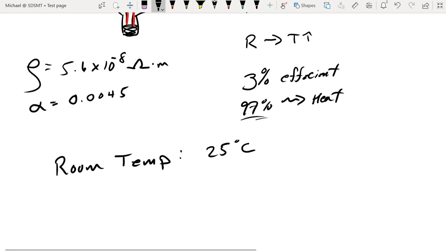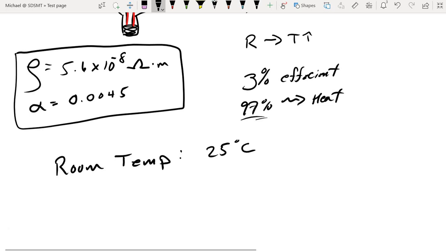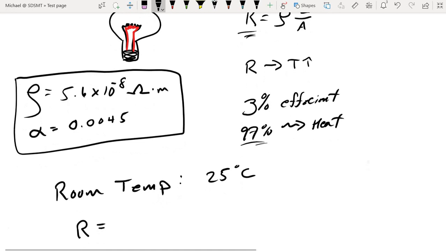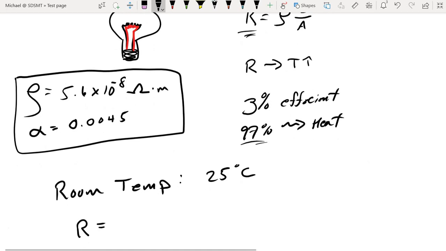But I'm going to go ahead and say that that's 25 degrees Celsius. And then, given the values for tungsten, what will the new resistance of that tungsten filament be after the light bulb comes up to its operating temperature?